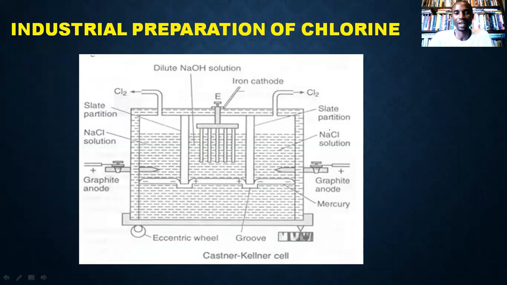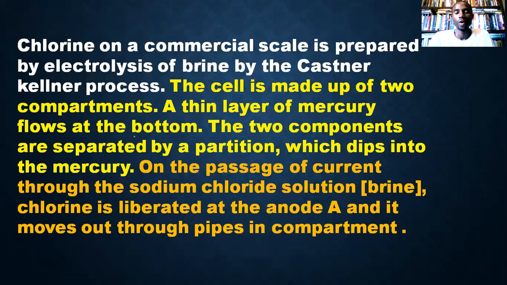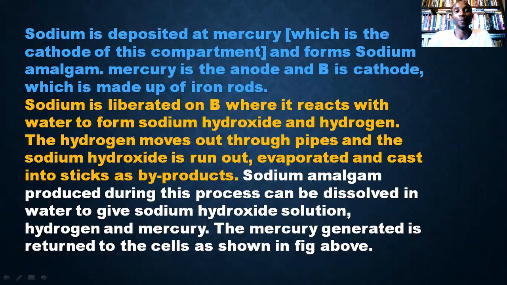As you can see, this is where the chlorine is being liberated, and the outlets of chlorine are on the two sides. All right, sodium is deposited at the mercury, which is the cathode of the compartment, and forms sodium amalgam.